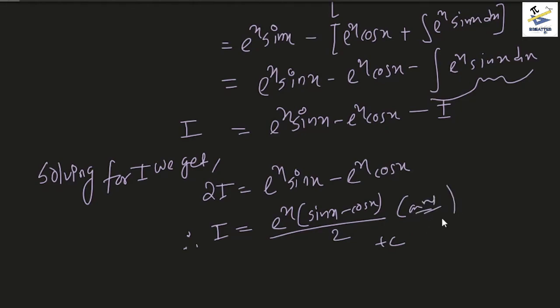So this is one of those integrals where you have to do integration by parts twice to get the answer. This is a problem where basically the integral comes back on its own, and then we have to solve it like that. So this happens a lot of times.